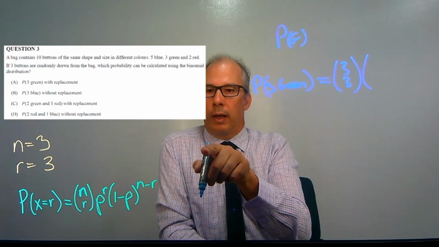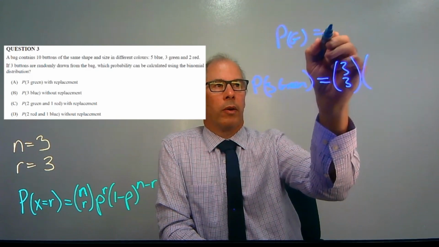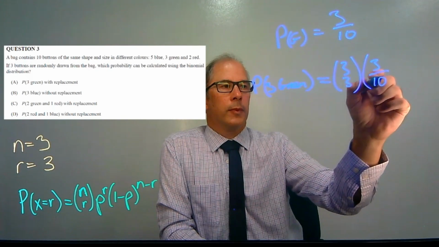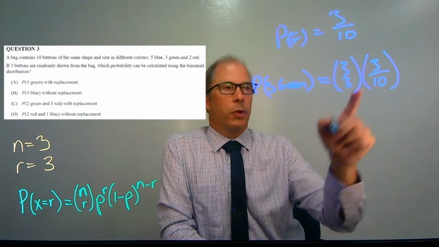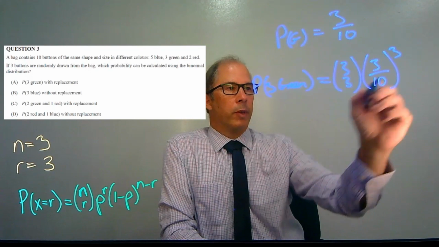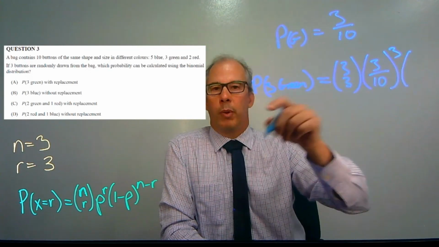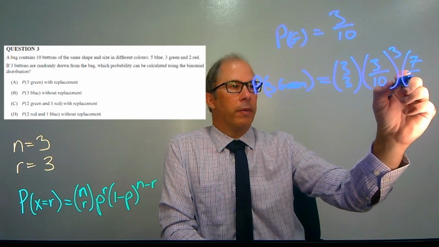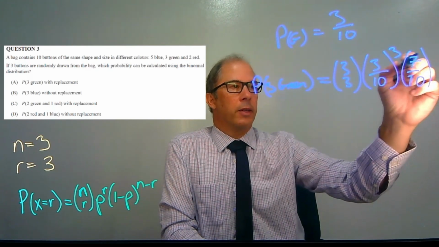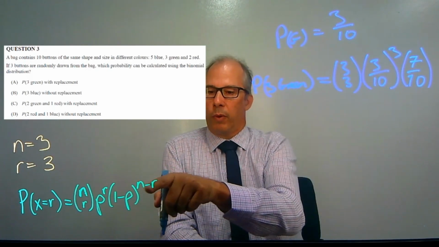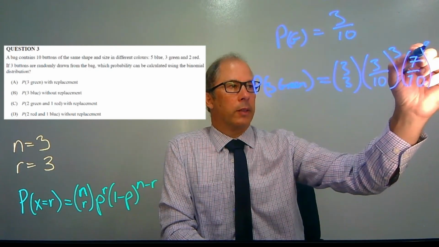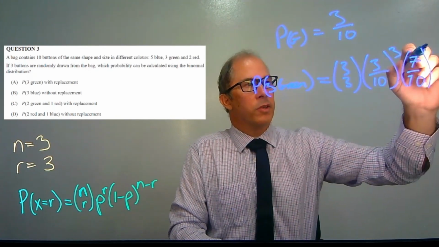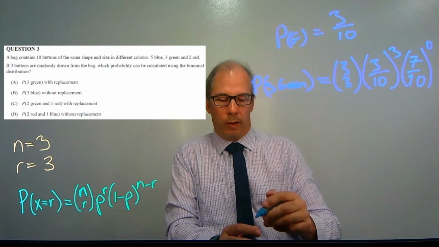We've got 10 buttons altogether, and 3 of those are green. So the probability of success is 3 out of 10, and that's going to be raised to the power of 3. Then our probability of failure, or 1 minus p, is 7 out of 10, and that is going to be to the power of n minus r. 3 minus 3 gives me 0 here. So we end up with this.